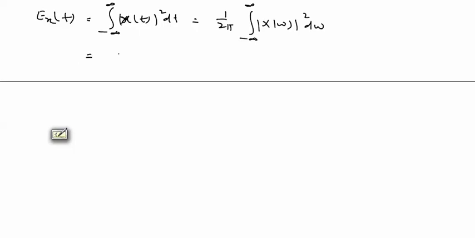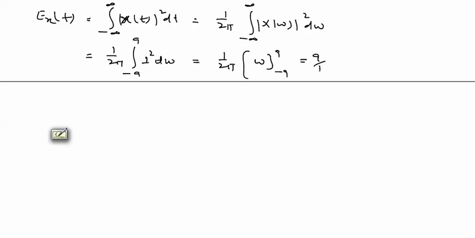By putting in all the values, 1 upon 2 pi times the integral from minus a to a of 1 squared d omega, the result is a upon pi. We directly calculate the energy of the signal from its spectrum via Parseval theorem. This is the example for calculating energy from the spectrum.